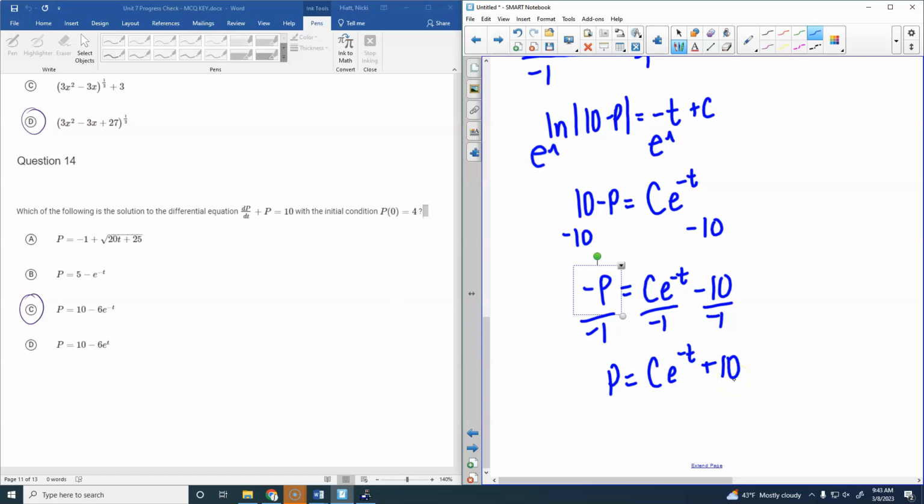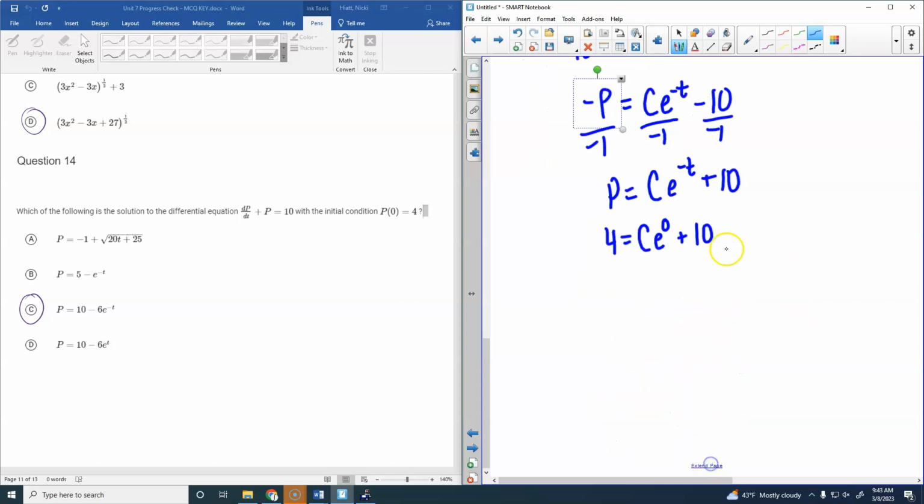Then we want to plug in our initial condition. So 4 equals c e to the 0 plus 10. Subtract 10: negative 6 equals c. So we get P equals negative 6 e to the negative t plus 10, which can be written like answer choice C.